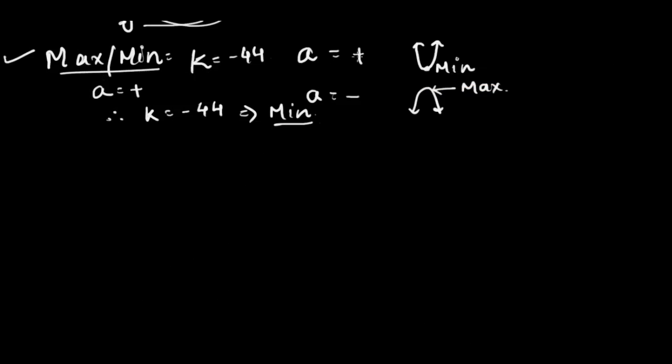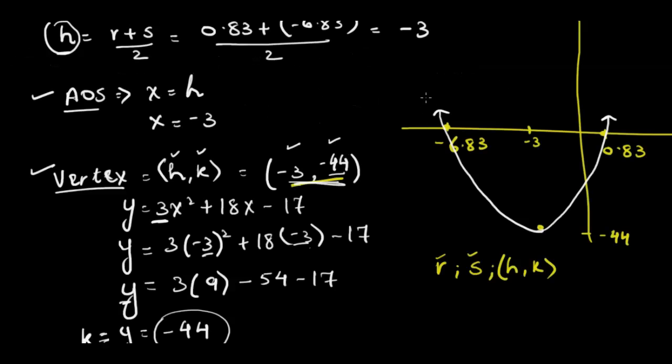To get the max or min point, we just have to remember this. If a is positive, the graph opens upwards, we would see a min. If a is negative, the graph opens downwards, we would see a max. In this particular question, we were given a positive, so we would see a min point at the k value, and the k value we got was -44. In order to graph the given parabola or the given equation, we need not use any table of values.